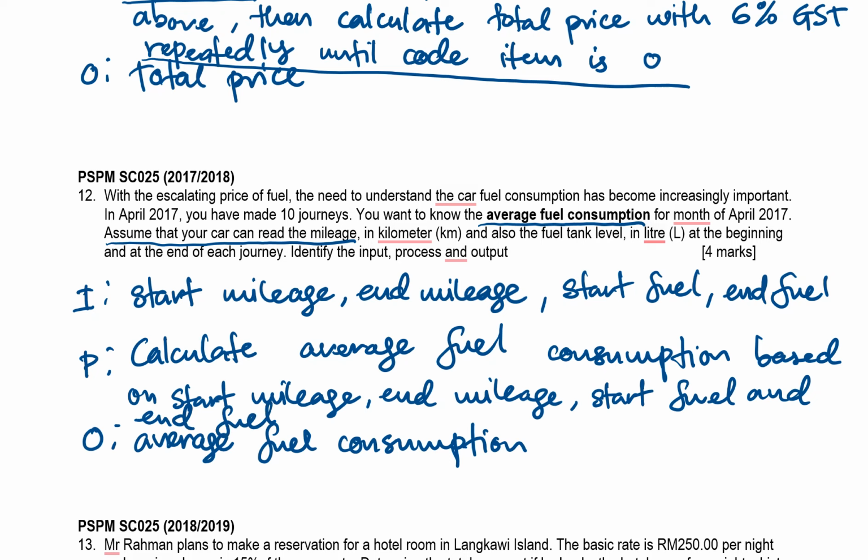Now here you have to add for 10 journeys. If you write for 10 journeys, it indicates that this is a repetition control structure.